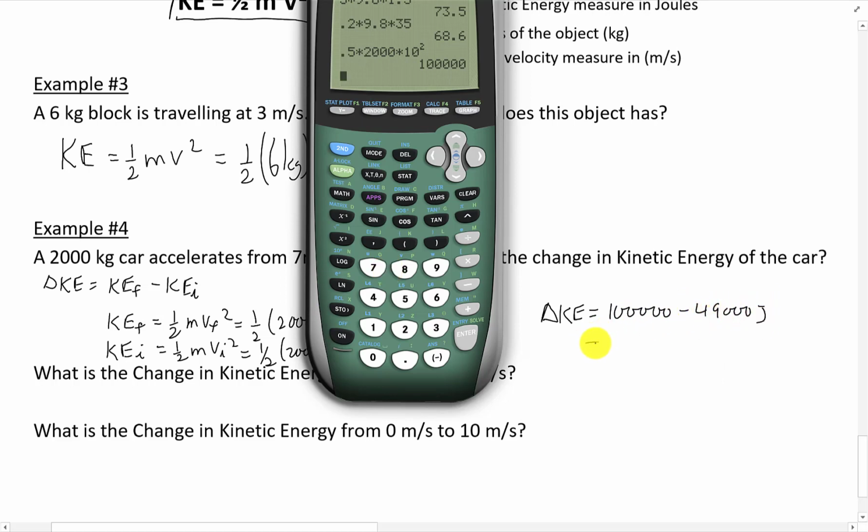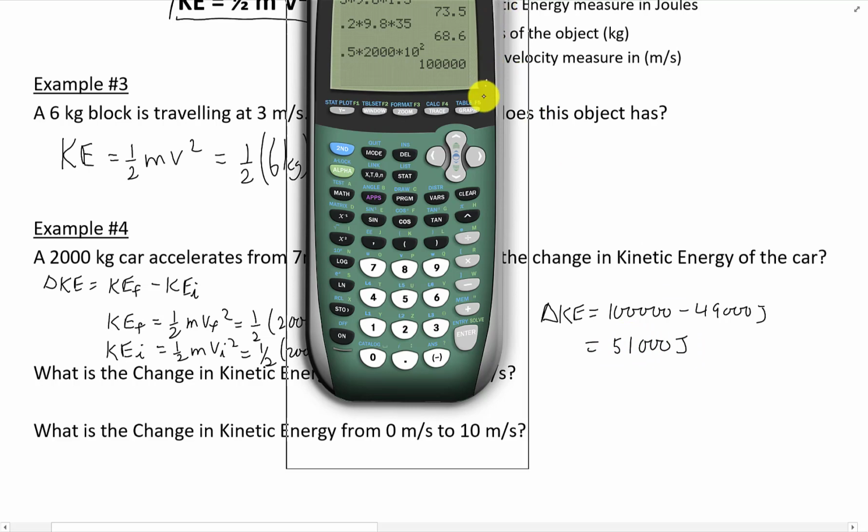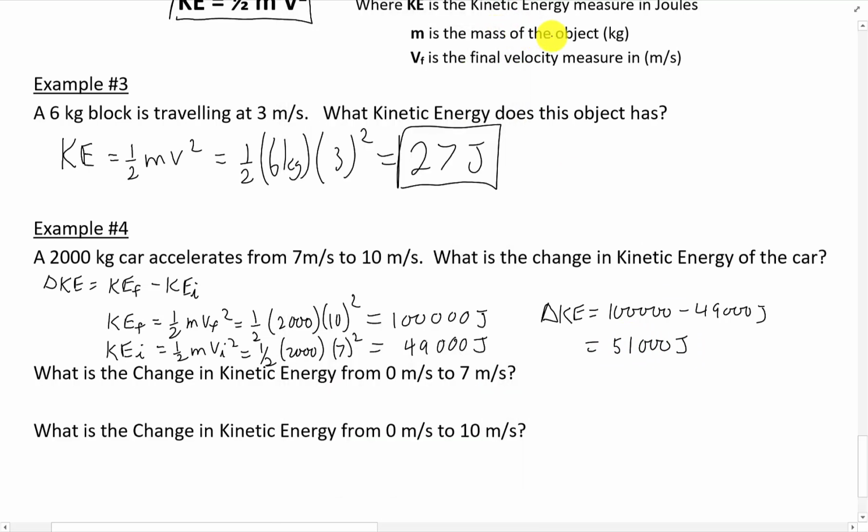So the change in kinetic energy is going to be 51,000 joules. Yay! What is the change in kinetic energy from 0 to 7? Well, at 7 it has 49,000, at 0 it is 0, so this is just going to be 49,000 joules.